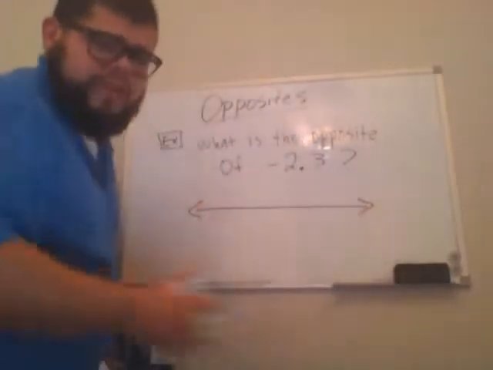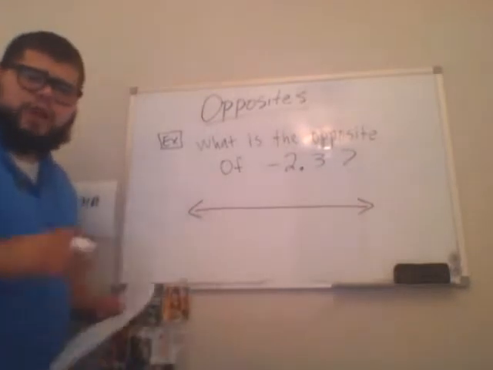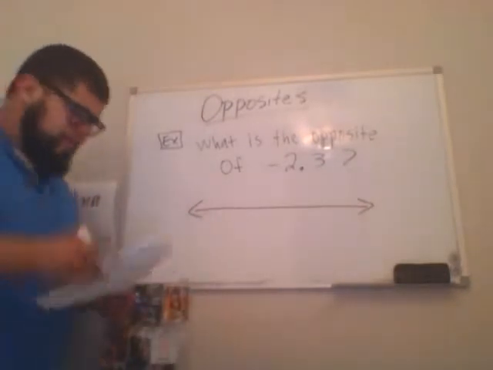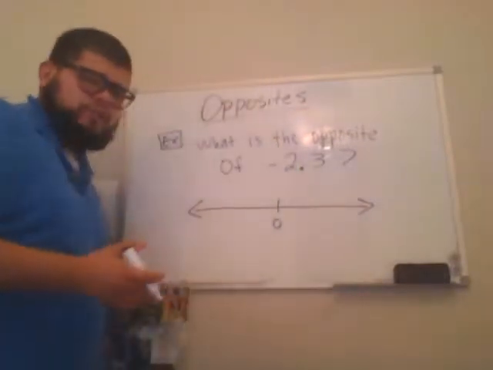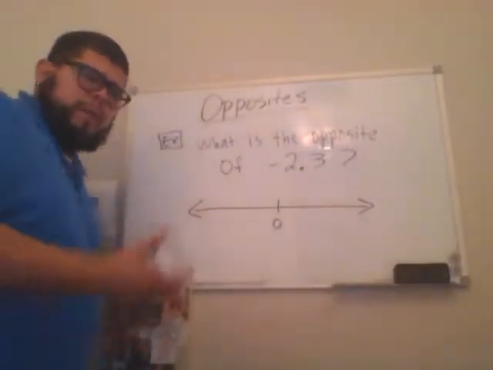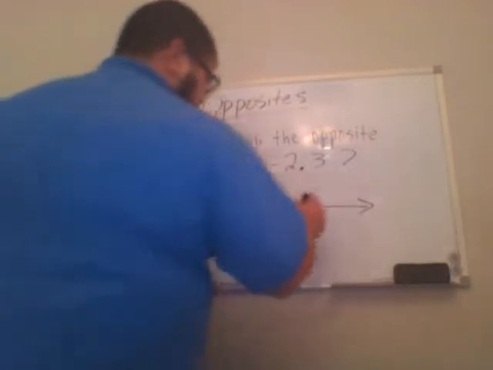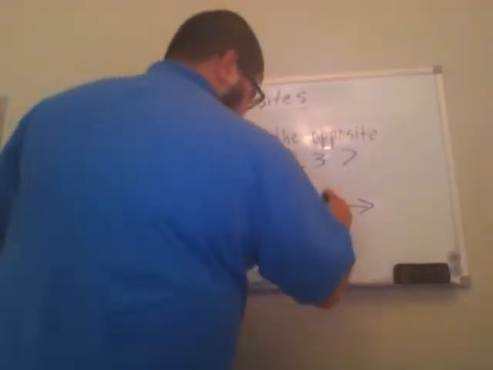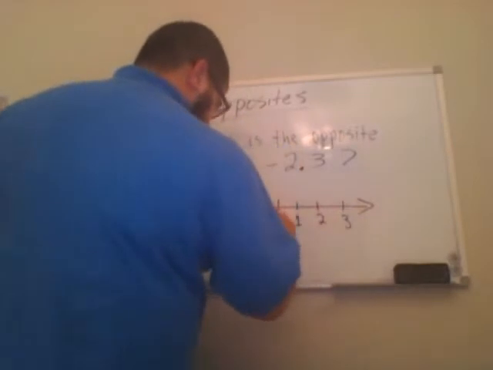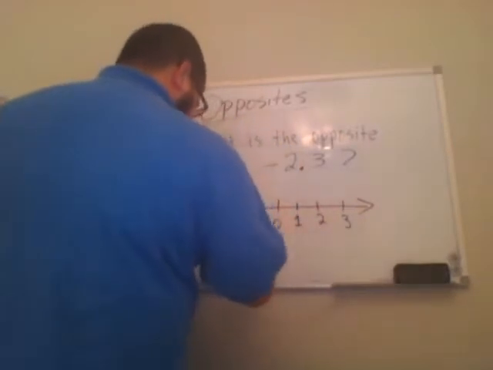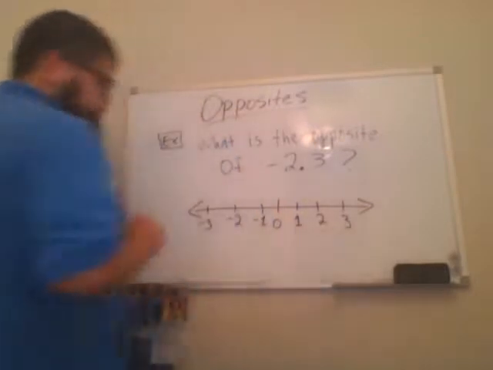And this is what we first kind of started talking about, where is negative 2.3? And so we're going to remember start with 0 in the middle. Remember, we talked about the rational numbers, right? It's hard to draw the rational numbers, but we're going to go ahead and attempt this. So we got 1, 2, 3, and this is negative 1, negative 2, negative 3.